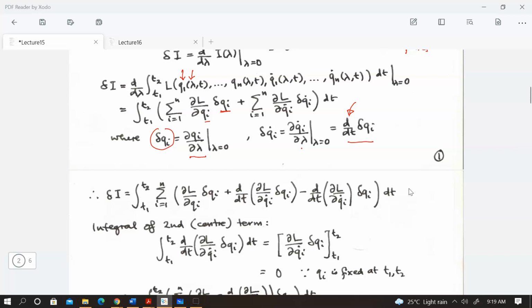You have this total time derivative, and then you take away the time derivative of partial L partial qi dot. That will give you partial L partial qi dot, and then the time derivative of delta q, which gives you the delta qi dot. So I hope you understand the logic behind this. It's just integration by parts.